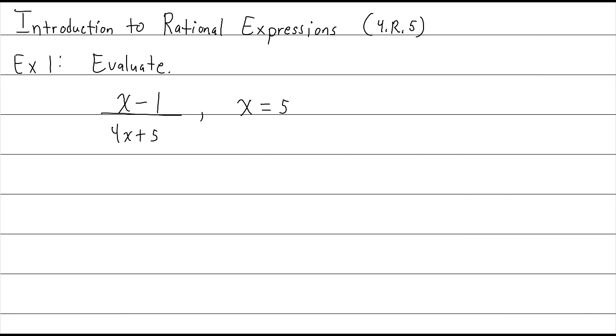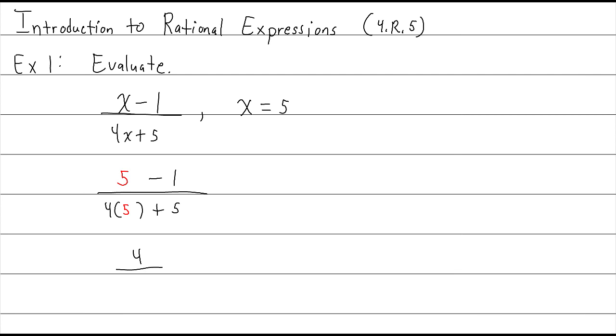We know how to do this. This is substituting a number in. You're plugging numbers in. So I'm going to say x minus 1 over 4x plus 5, but we're no longer calling that x. We just said that x is 5, so I'm going to put 5 in for x. I'm going to simplify this. 5 minus 1 is 4.